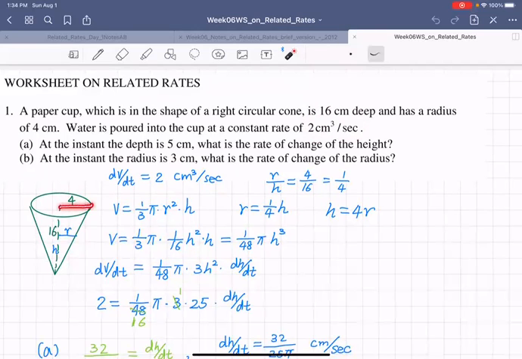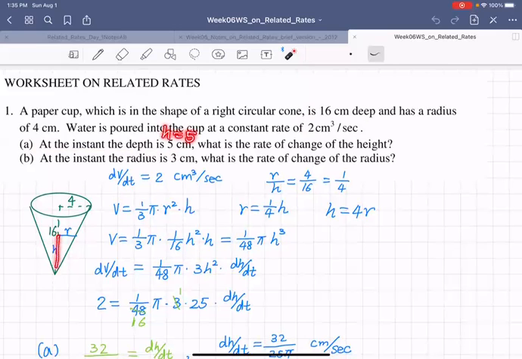What else do we have? We have a radius of 4. We have 16 as a height. We only know the rate of volume change here. And they ask question A, when the depth equals 5.